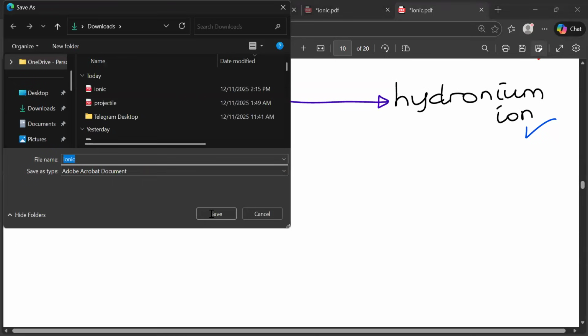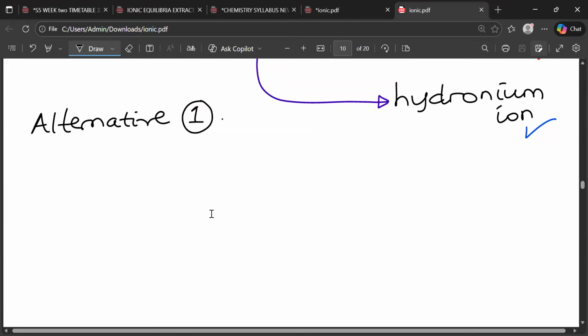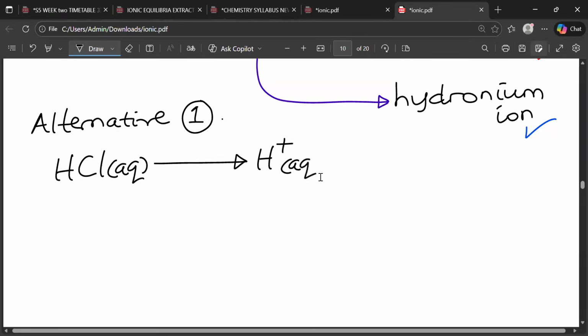Just getting the HCl and trying to break it. Simply get the HCl, get the ions H+ (aq), Cl- (aq). You only need to understand this, then the rest will be very clear. So you get your marks. We said this one is Arrhenius.